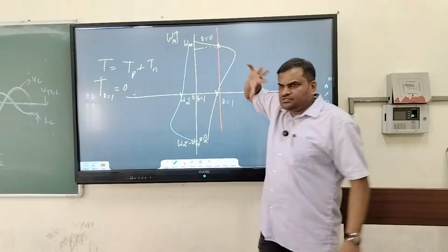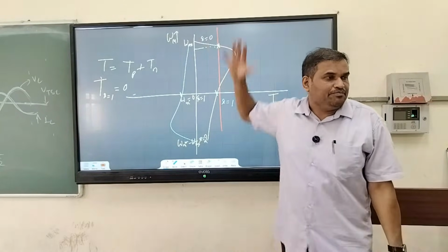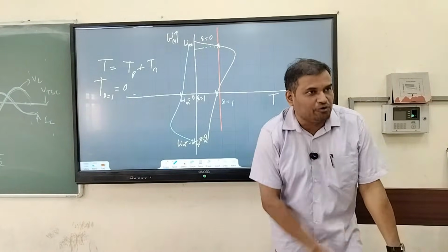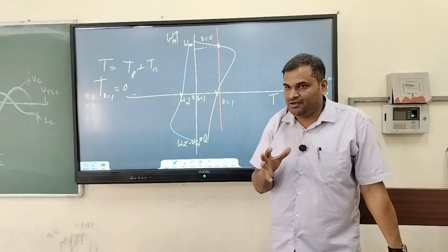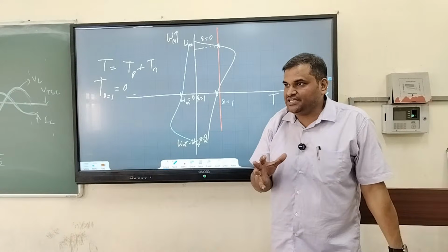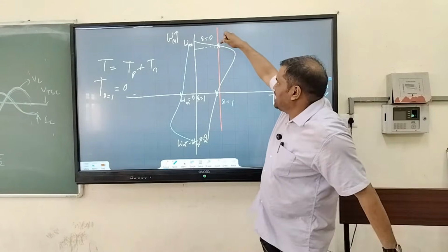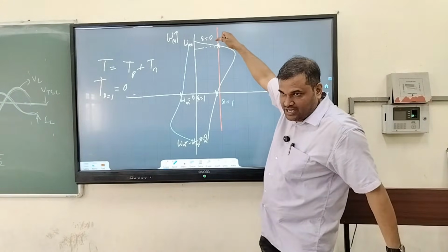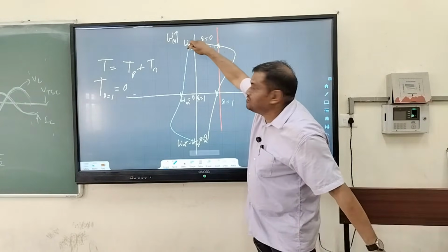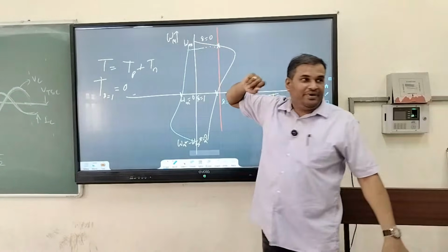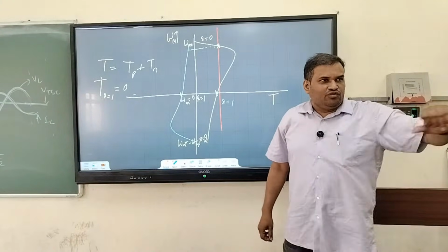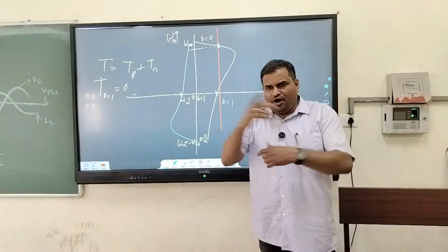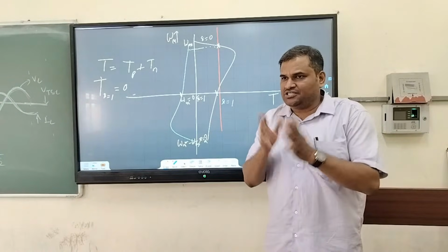Now if because of some disturbance a positive and negative sequence come into the picture, तो ये negative sequence आपको नजर नहीं आएगा. कैसे नहीं आएगा? क्योंकि अगर इस टाइम पर यहाँ पर पॉजिटिव सीक्वेंस का टॉर्क इतना ज्यादा है, नेगेटिव सीक्वेंस का टॉर्क बहुत ही कम है, तो what will happen if because of some disturbance an unbalance occurs? Suppose the motor is running because of the supply voltage.